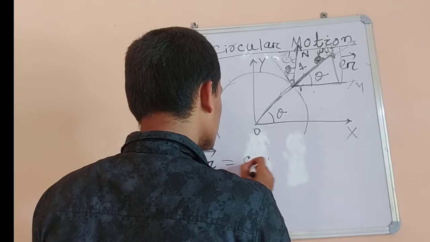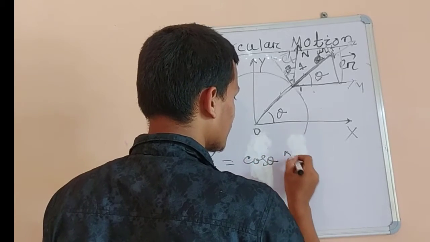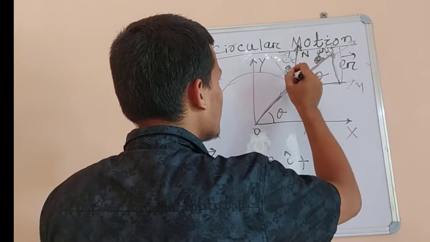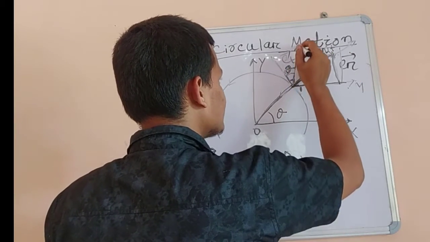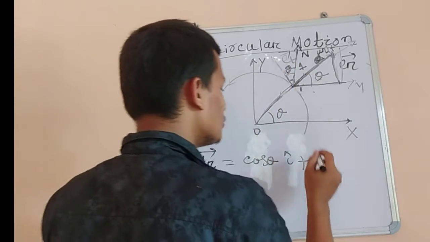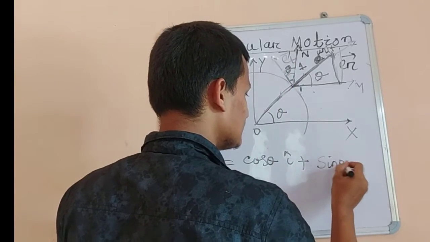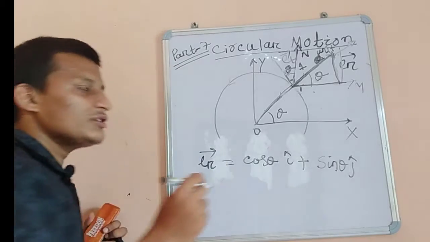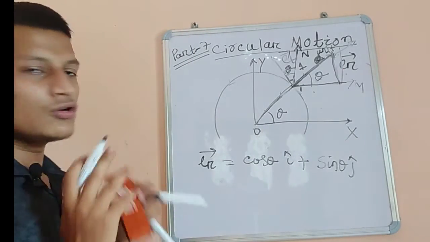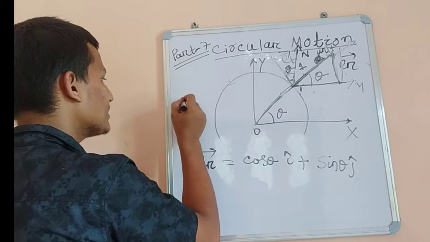So we have to move cos theta i cap plus, then we have to move along the y-axis, that is, the component along the positive y-axis is sin theta. So sin theta j cap. And you also remember that this ER vector is a unit vector, so its magnitude is always 1, because a unit vector has magnitude 1.